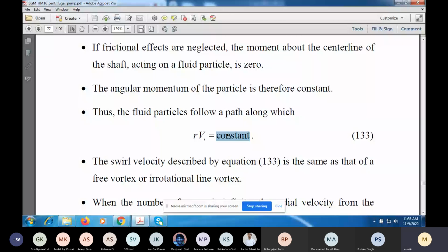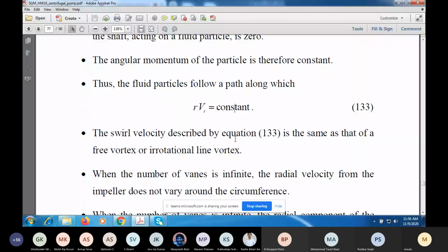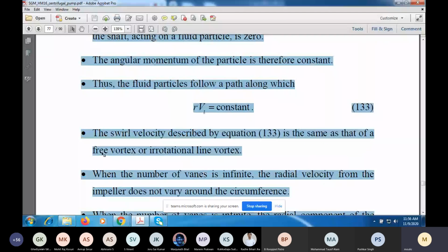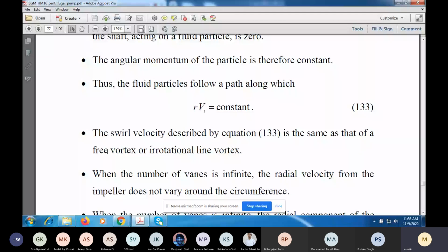So the fluid particles will therefore follow a path along which r times v theta, or Vt, will be constant. This equation is similar to what you must have studied in your second year course as the irrotational line vortex, which is also called free vortex, as opposed to the forced vortex where Vt is omega r.